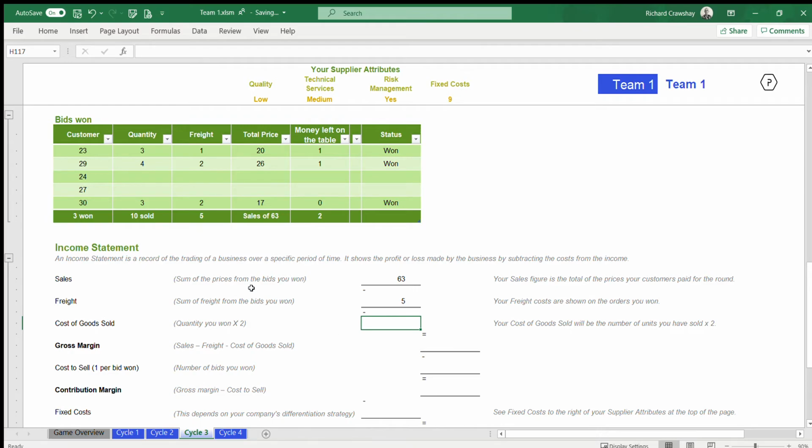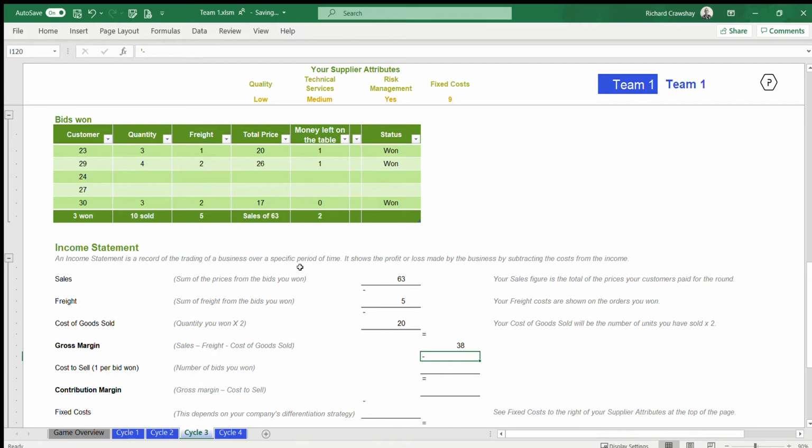The cost of goods: we sold 10, and each of our goods costs 2 to make, so 10 times 2 is 20. Sales minus freight minus cost of goods sold gives us our gross margin: 63 minus 25, which is 38.